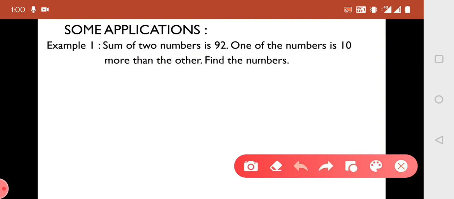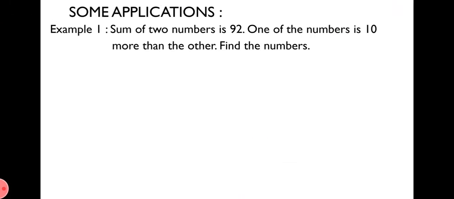Another condition given is one of the numbers is 10 more than the other, means from these two numbers one will be a smaller number and the bigger number is 10 more than the smaller number. So these two conditions are given. So first, using these two conditions we will form an equation, and after that we will solve the equation and find out the numbers. Let's see the solution.